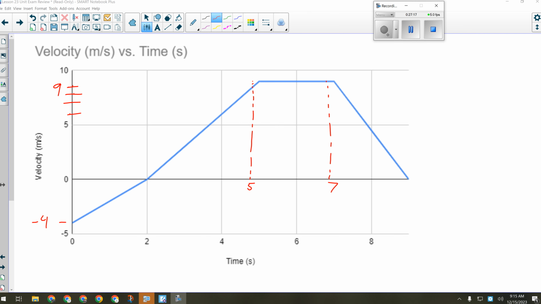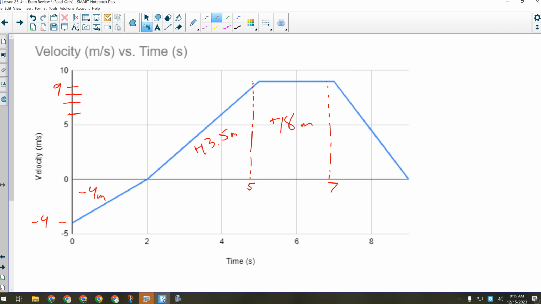Okay, so we got -4 times 2 divided by 2, so that should be -4. Then this one here is 3 seconds on the base, 9 high. 3 times 9 is 27, divided by 2 is 13.5, positive. This one here is 2 seconds by 9, so that's 18.